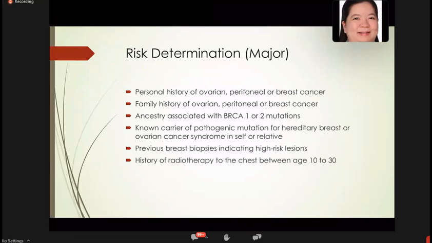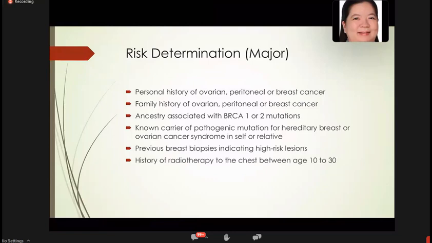First degree, no? Those with ancestry associated with BRCA1 or 2 mutations, usually yung mga Jewish, di ba? Those with non-carrier pathogenic mutation for hereditary breast or ovarian cancer syndrome in the self or in their relatives, okay?